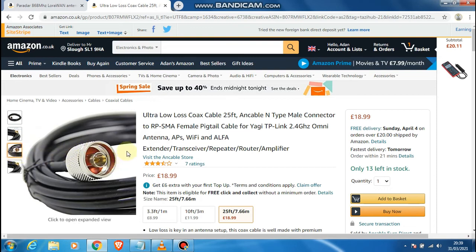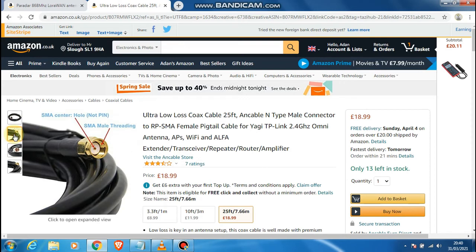What you need is a male N-type connector on one end, which goes into the antenna, which corresponds with the female N-type connector that the antenna comes with. So this plugs into the antenna, and then on the other side, the miner has a reverse polarized connector, and this is something, don't ask me what that is.